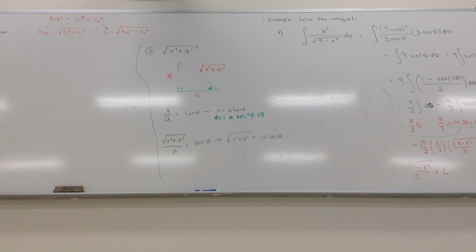So it's going to be x over 3 equal to tangent of theta. Therefore, x is equal to 3 tangent of theta. The dx is 3 secant squared of theta d theta. And for the square root of x squared plus 9 over 3, it's going to be secant. Therefore, 3 secant of theta. That's it.